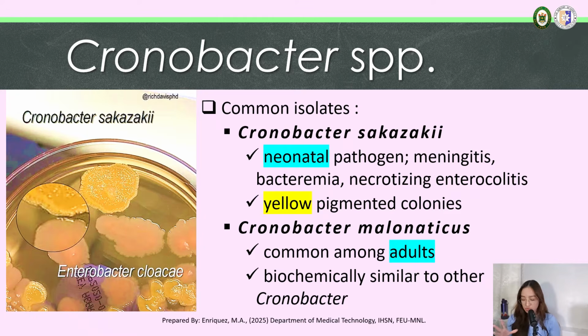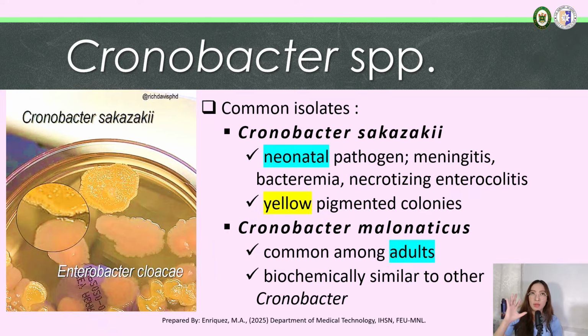Next is Cronobacter malonaticus. Now, this one is more commonly observed among adults. No? So they're biochemically similar to one another. So it's very difficult to actually differentiate them in the laboratory, and it would require DNA sequencing para po ma-differentiate natin ang sakazakii and malonaticus.